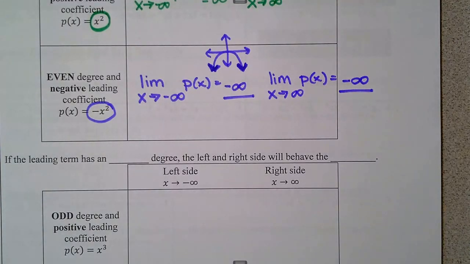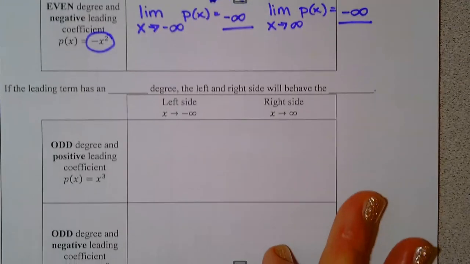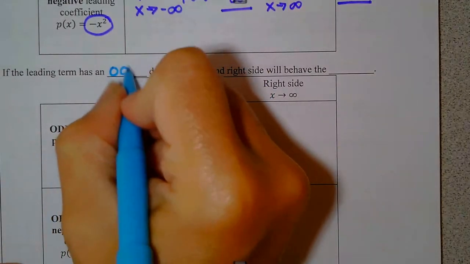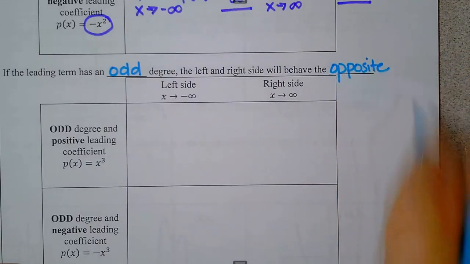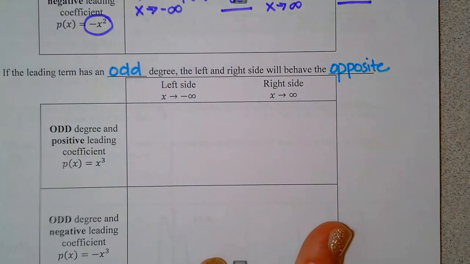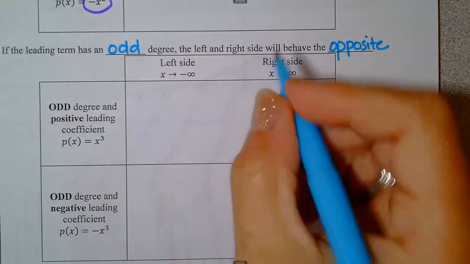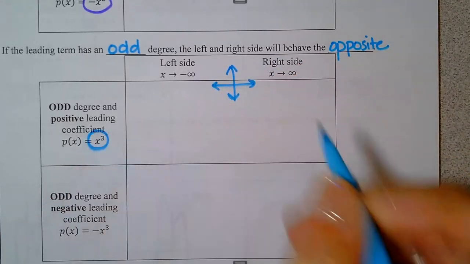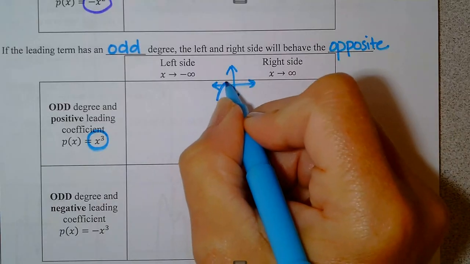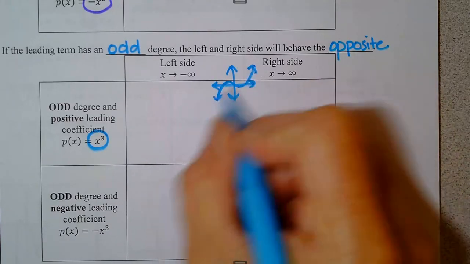All right, next, if the leading term has an odd degree, they're opposite. So if it looks like x to the third, it starts low and goes high because it's positive.